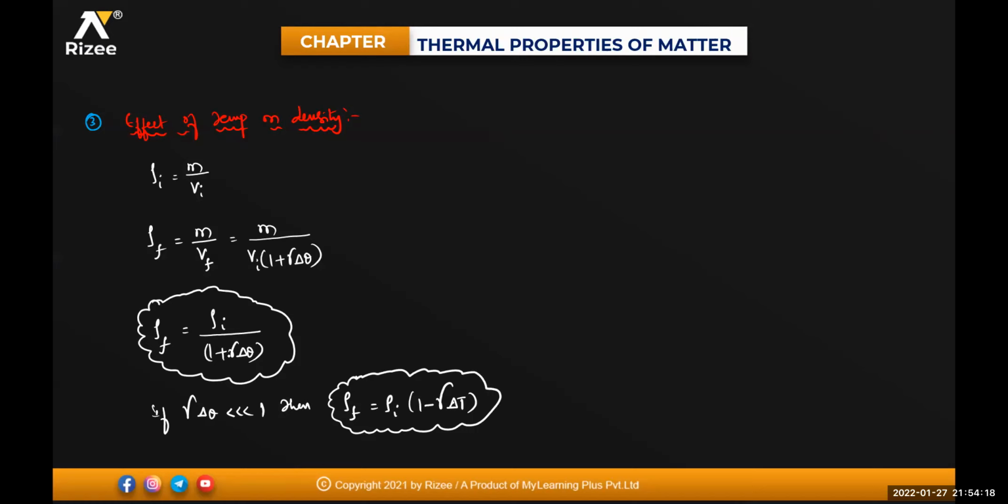Because when you take this one up, it will become something like this: 1 plus x to the power of n formula. I hope you remembered. If x value is very small, this will be 1 plus n into x. So see here what is happening: rho final is equal to rho initial. If I take the term up, this will become 1 plus gamma into delta T to the power of minus 1.